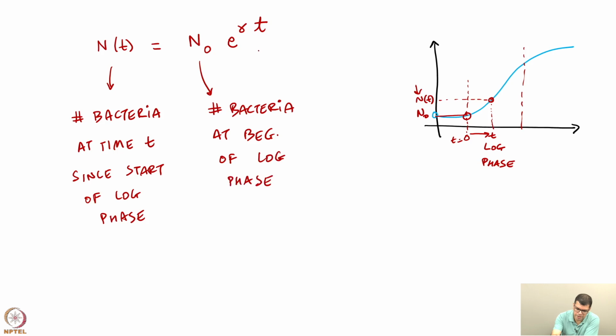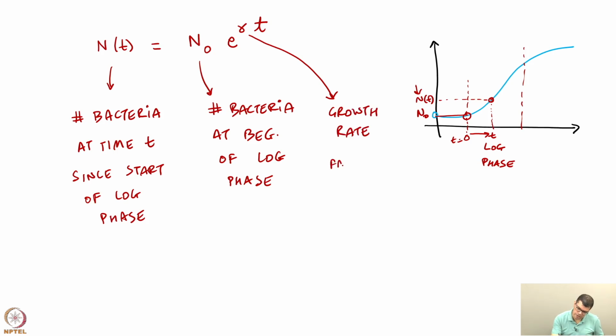and we have one more variable here which is R, which is the growth rate, which means that once the bacteria start to divide in the log phase, how fast do they divide?